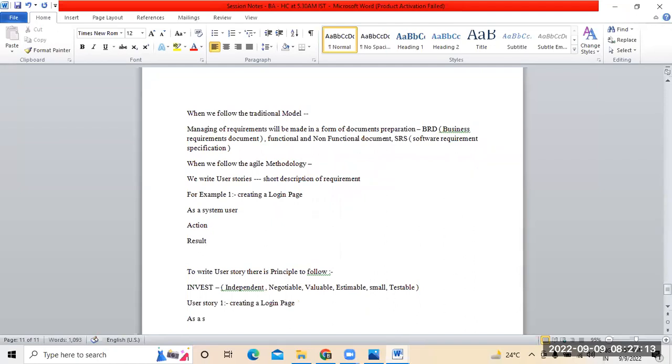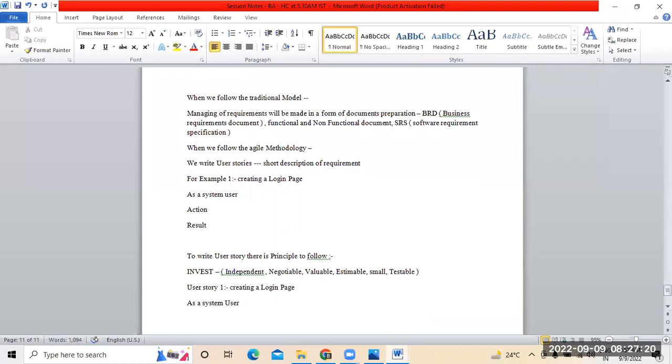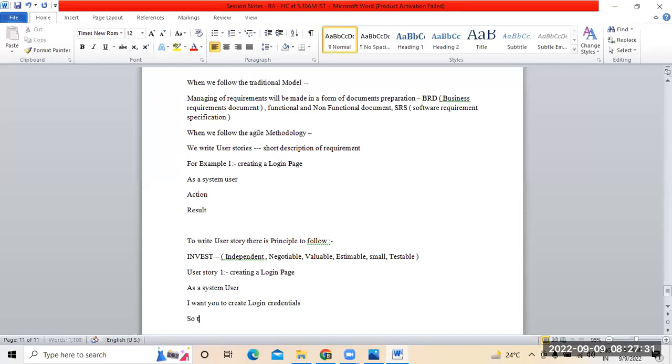As a system user, I want you to create login credentials so that I can use the system. As a system user, I want you to create login credentials so that I can use the system.